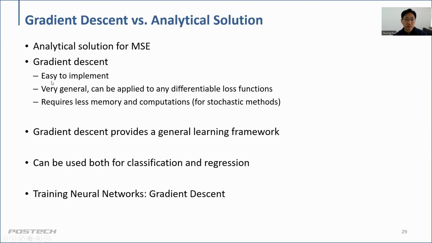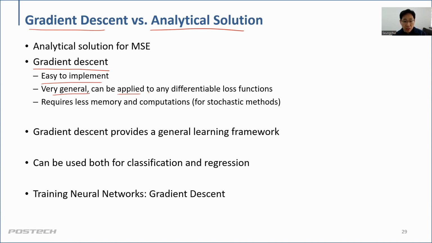Let's continue on. The first one is to get the exact solutions if we have closed mathematical expressions for the objective functions. Another way is gradient descent, which is an iterative method. The benefit of gradient descent is that it's easy to implement, as you can see, and it's very general.